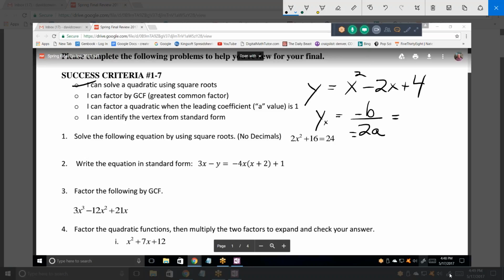Minus b is 2. What's 2a? That is also 2. So the x-coordinate of the vertex is x equal 1. Yes. Okay, what's the y-coordinate of the vertex? Is it 4? Well, you plug in 1 for x. Okay. Do that, what do you come up with?